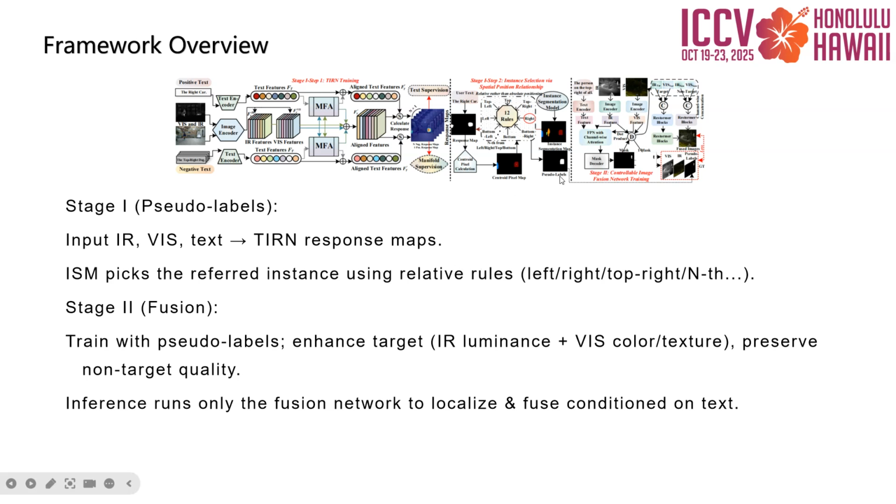Stage 2 uses these masks to supervise a fusion network. It enhances the target region by combining IR luminance with VS color/texture, while preserving non-target regions for overall quality and structural fidelity. At inference time, we run only the fusion network. It has learned to localize and fuse from the text.